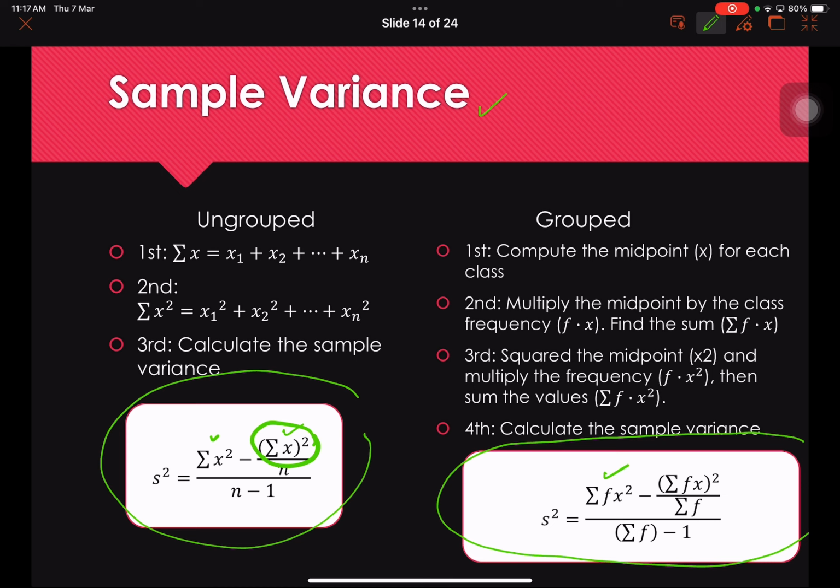So how you are going to compute this is, first you have to take the midpoint. Each midpoint you have to square. And then you multiply those values by the frequency, and then you total up. That is the summation of f x squared. How about this one?